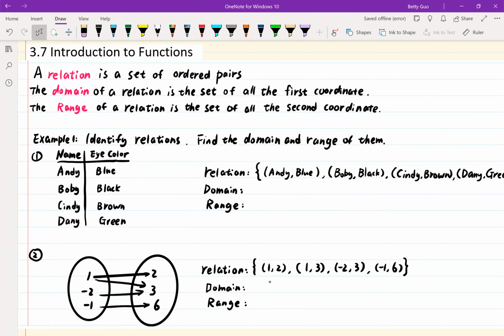Please have those definitions in your notes: what is a relation, the domain of a relation, the range of a relation. You're going to use those three definitions all the time in this section.